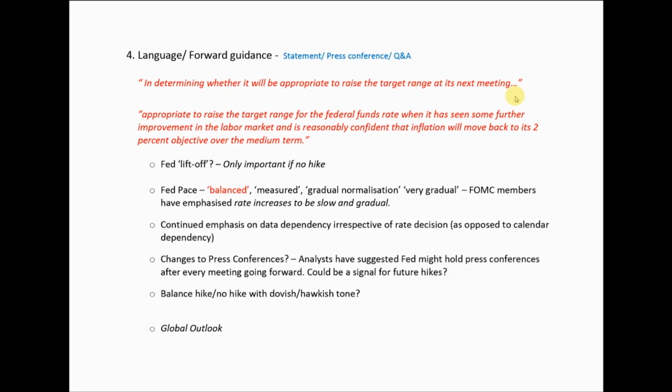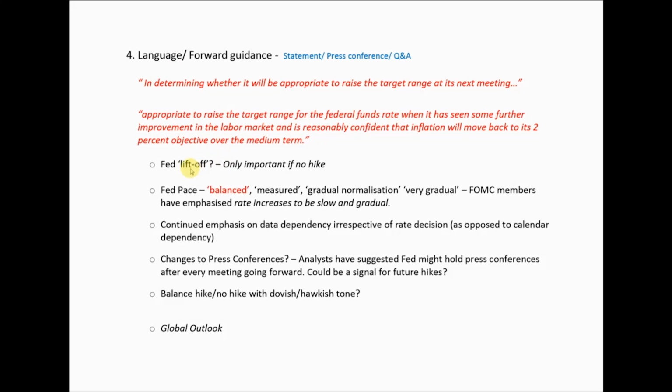As we mentioned earlier, they'd never explicitly referred to any individual meeting, so at its next meeting essentially refers to the December meeting. They also said appropriate to raise rates once we're reasonably confident that inflation will be moved back to its 2% objective over the medium term. So these are probably the 2 key things to look out for in terms of the forward guidance.